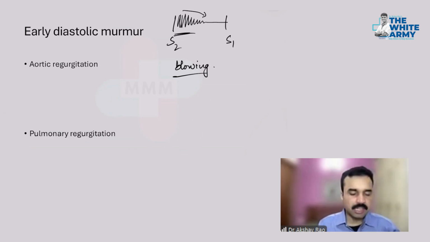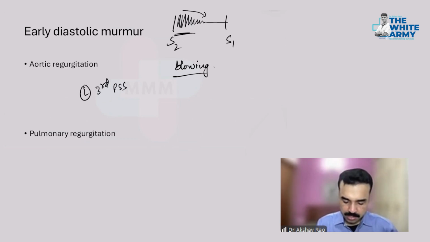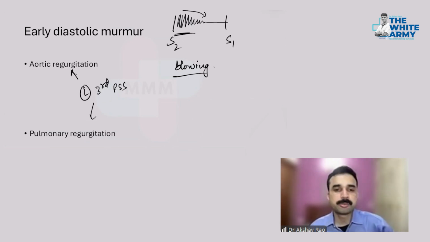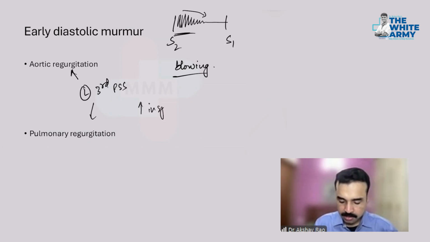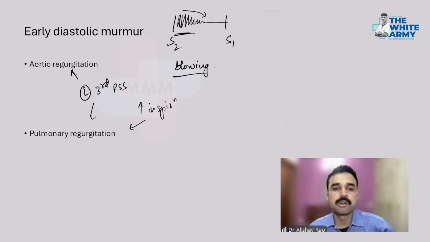Okay, so best heard aortic regurgitation. The murmur is best heard in the left third parasternal space, same as pulmonary regurgitation. Both murmurs are heard in this space only. How do you distinguish between these two? Ask them to take breaths. If the murmur increases with inspiration, it will be because of pulmonary regurgitation. That's called de Carvalho's phenomenon: right-sided murmurs increase in intensity with inspiration.